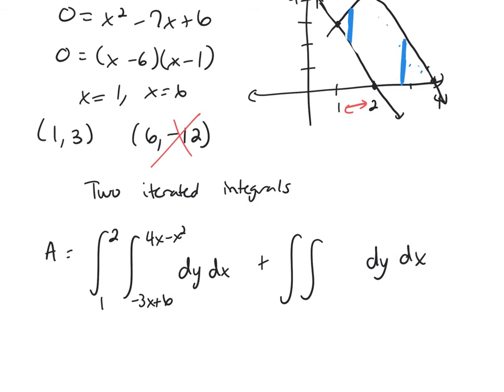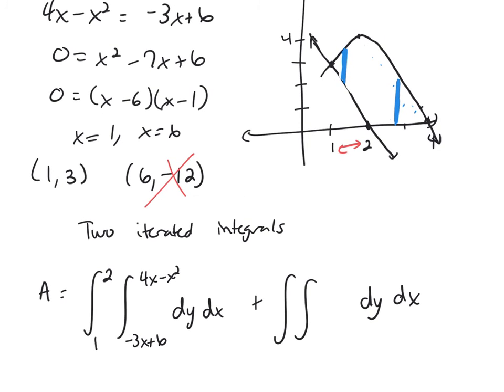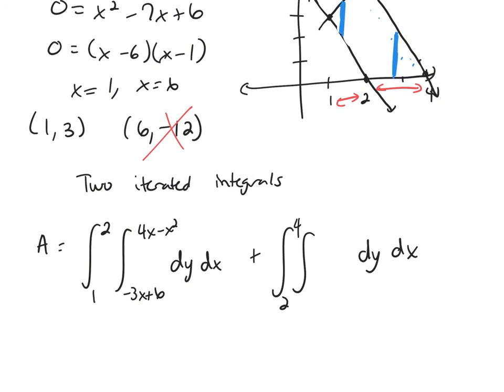But then over here on the right, x goes between 2 and 4. My top function is still the parabola, 4x minus x squared, but the bottom is now the x-axis, which is y equals 0. So to compute this area, you're going to have to compute these two integrals.